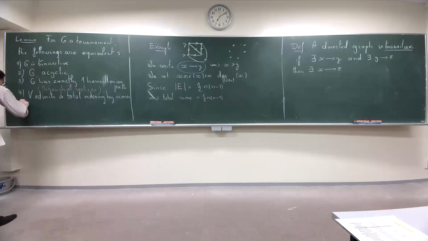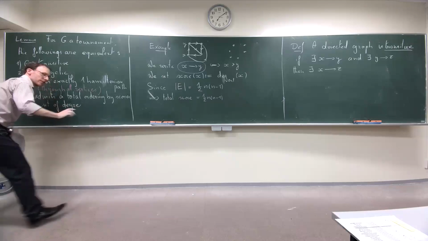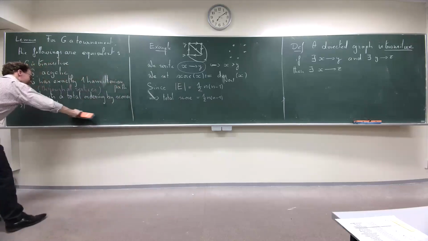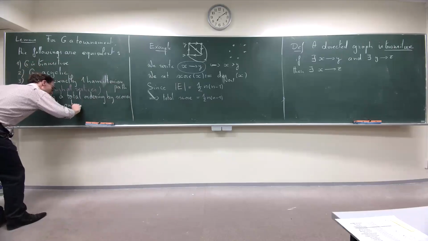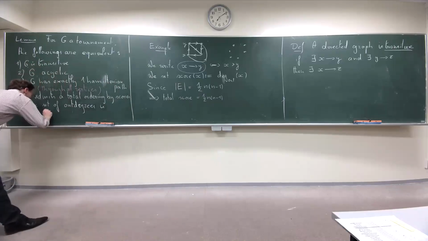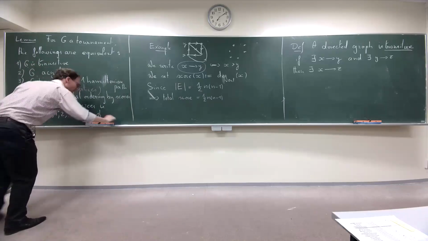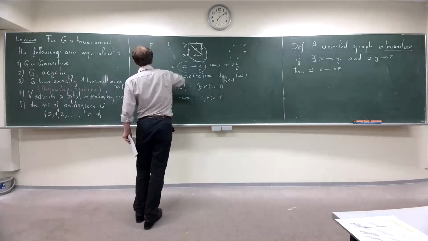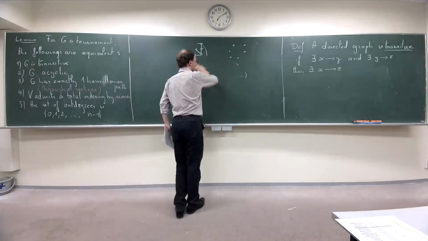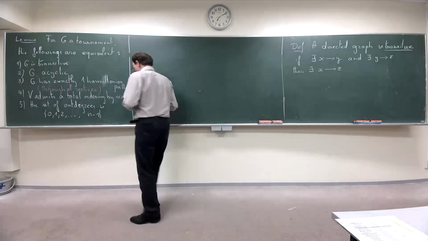Number 5 is easy to check: the set of scores, the set of out-degrees, if you do the list, is 0, 1, 2, up to n minus 1. The equivalence between 4 and 5 is easy. You just think about it. It's the same information.